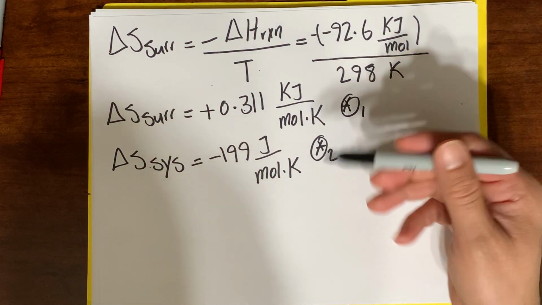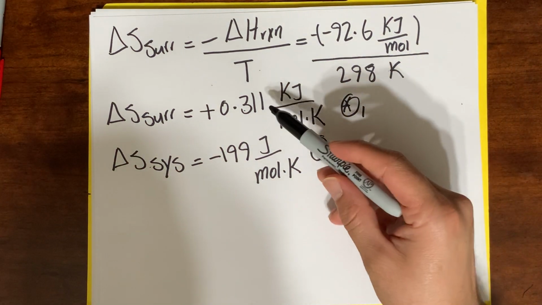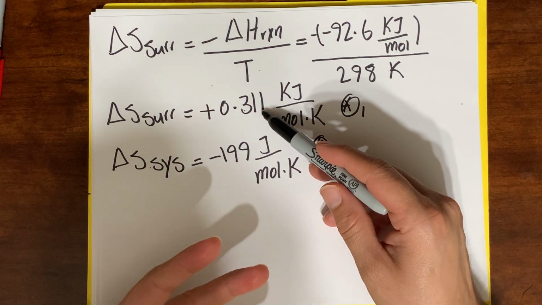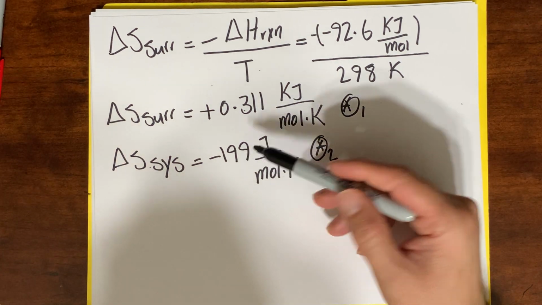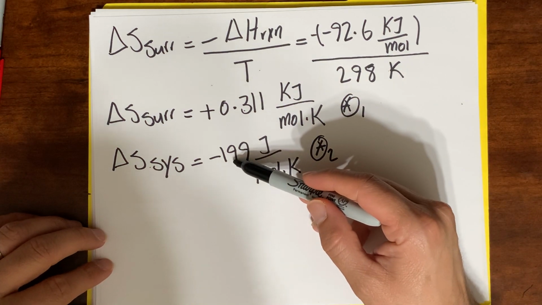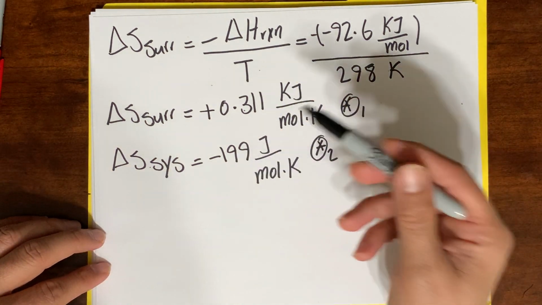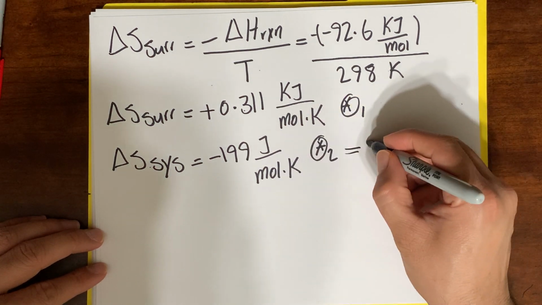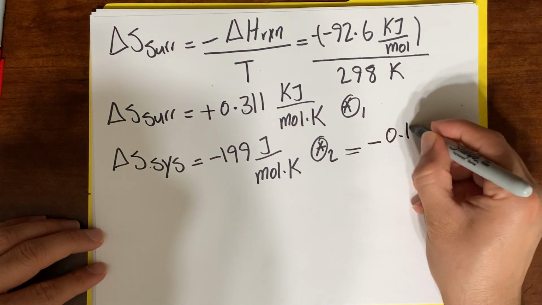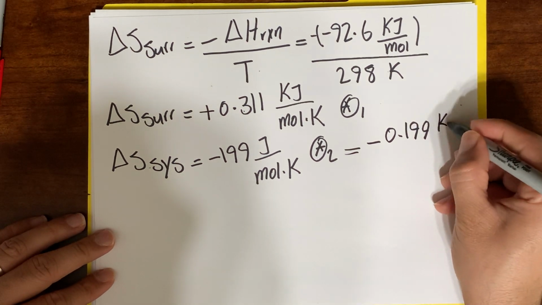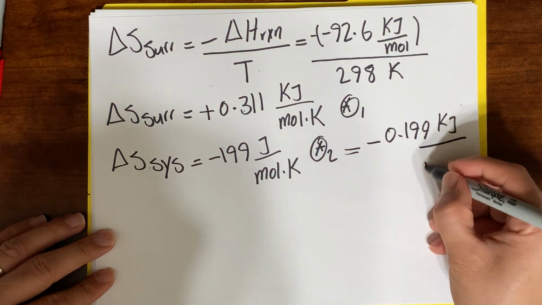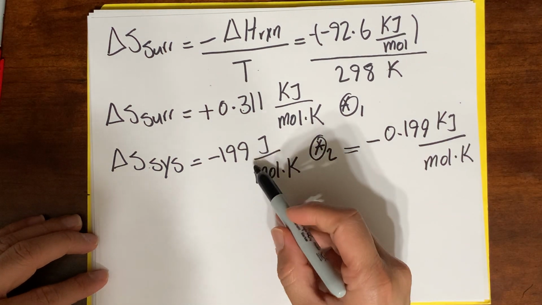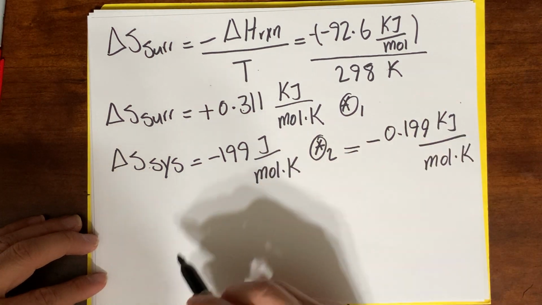I need them to be in the same unit. One way is to transfer the second one to kilojoule. I'm going to divide this one by 1,000, which gives minus 0.199 kilojoule divided by mole Kelvin. Simply, I divided by 1,000 to convert to kilo.